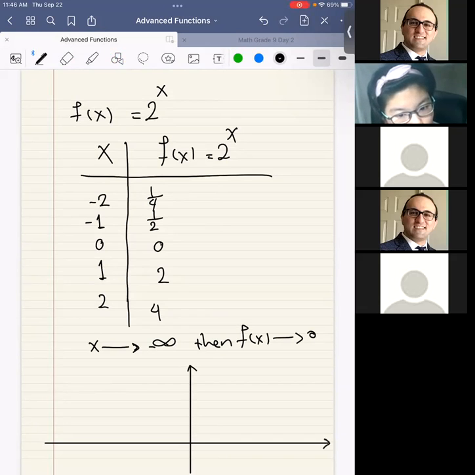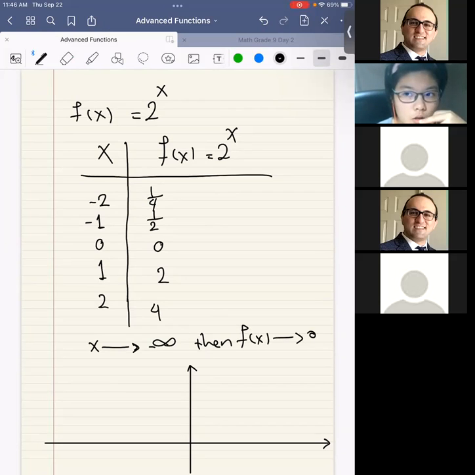Teacher? Yes. How can this be expressed symbolically? I mean, you can also be close to 0 from the opposite side, or the negative side? Okay, that's a very good question. So 2 to the power x is always a positive number, no matter what x is.